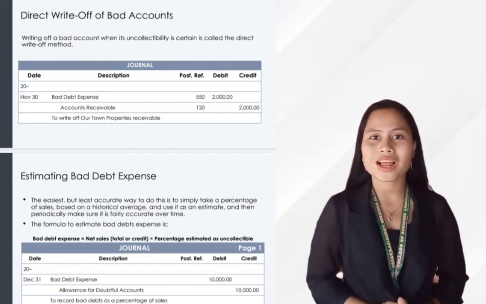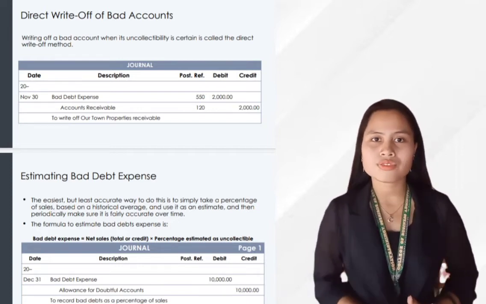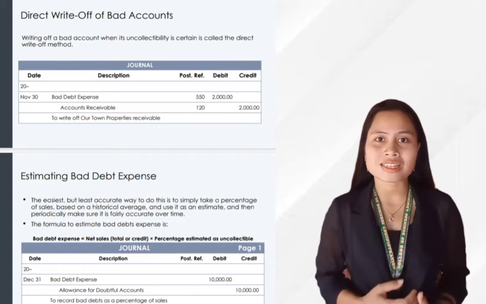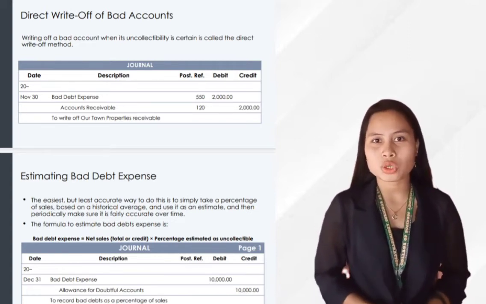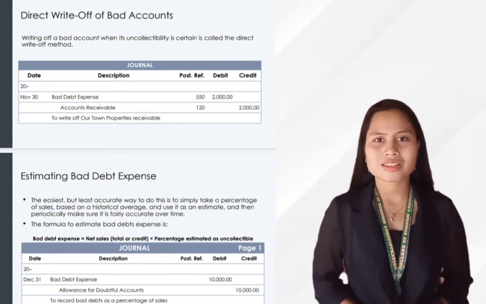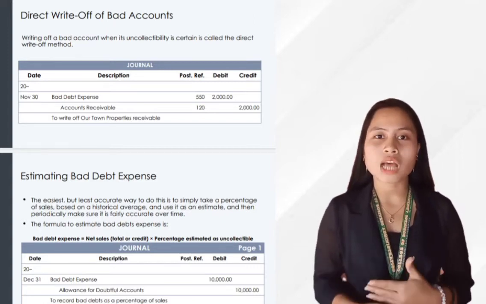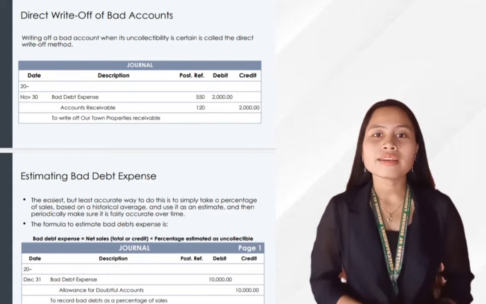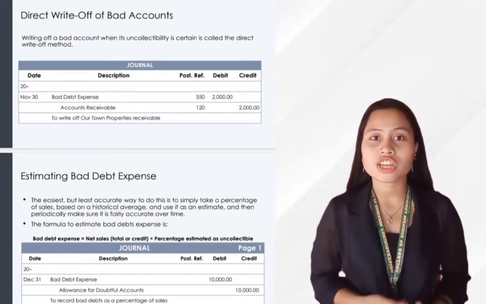So, the formula to estimate bad debt expenses is: bad debt expenses equals net sales, total or credit, times the percentage estimated uncollectible. Bad debt expenses kay utang sa customer pero dili siya bitaw makolek kay possible nga ang customer na bankrupt or something na kuan sa financial.